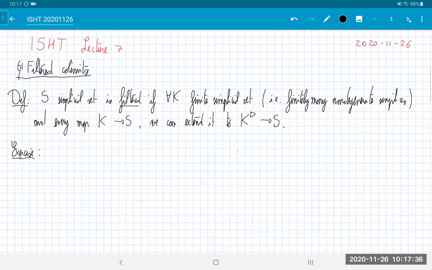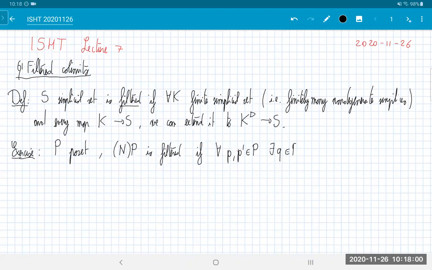I'm going to give us an exercise. If P is a poset, the nerve of P is filtered, and I'm putting the nerve between parentheses because, as I said, I'm often going to omit the nerve, if for every p, p' in P, there exists a q that's greater than both of them.